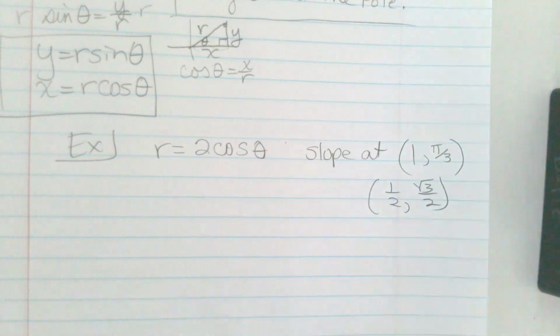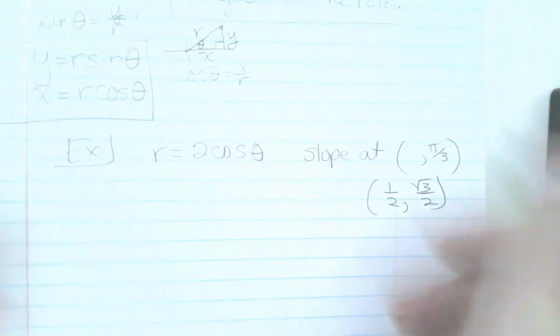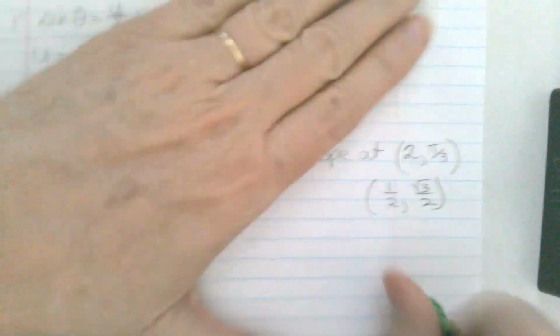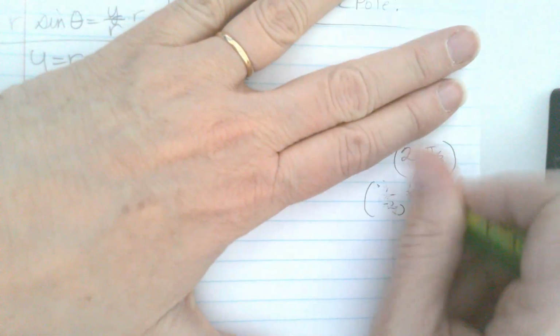And I think this should have been 2. And this should have been 1 and root 3. Sorry.